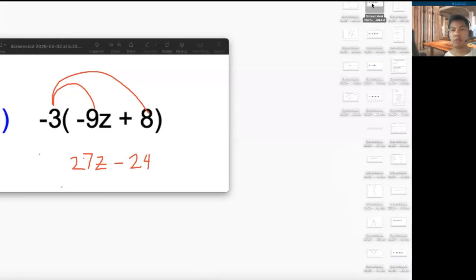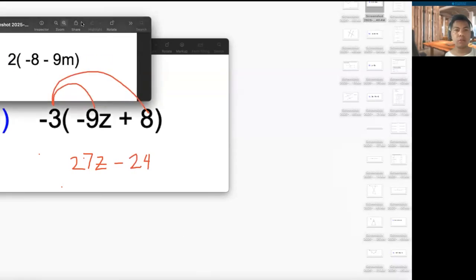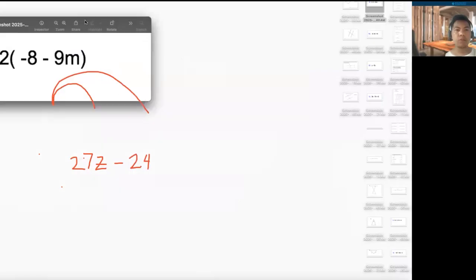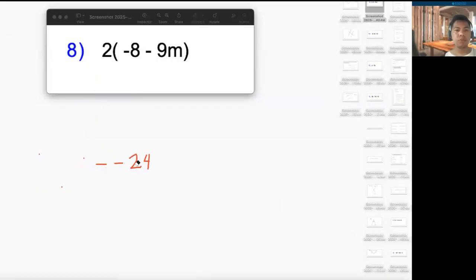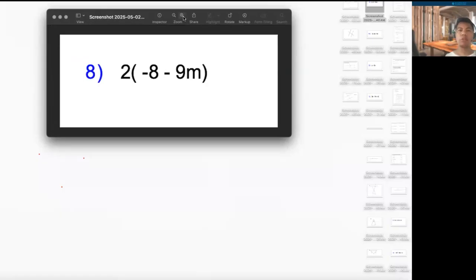Madison, try to solve this. Send your answer on the chat.